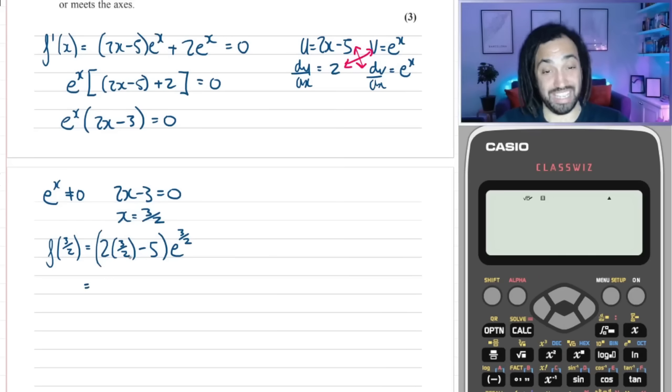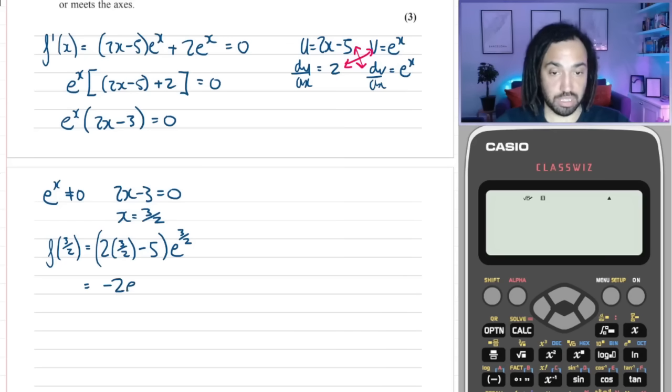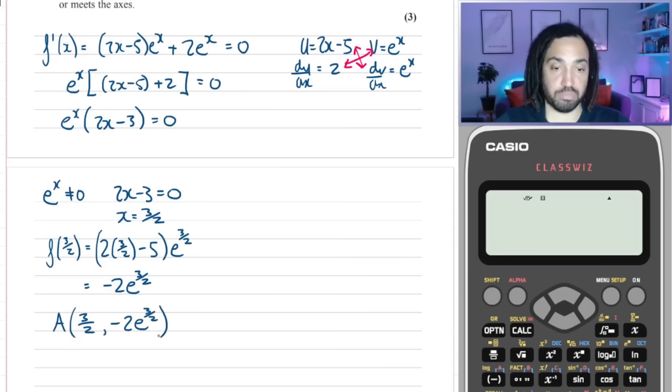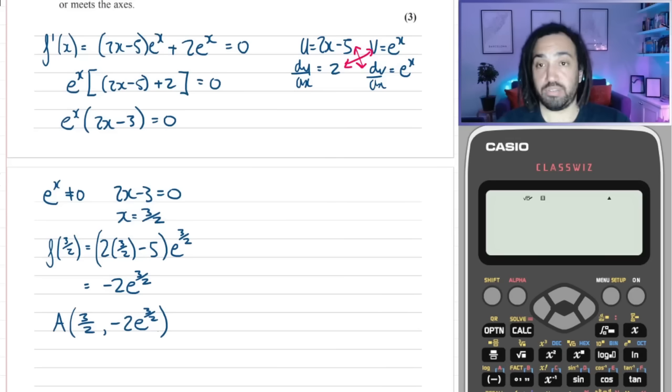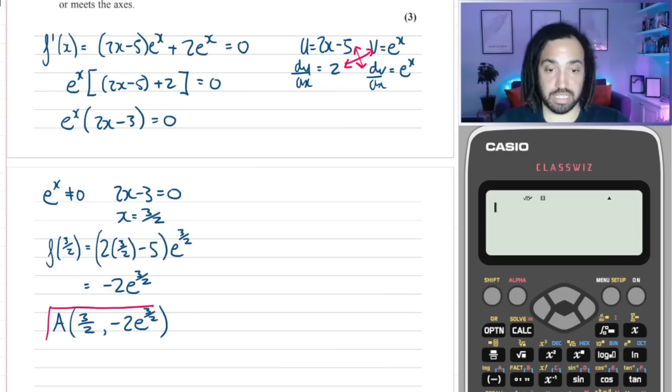This will be 3 minus 5 is minus 2, and then e to the 3 over 2, leave it like that as an exact value, which means that A has x coordinate 3 over 2 and y coordinate minus 2e to the 3 over 2. Perfect. Okay, so that is the A coordinate done.